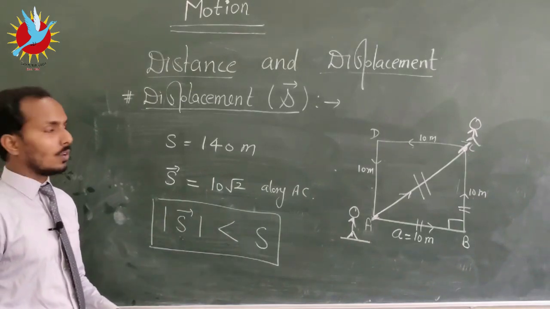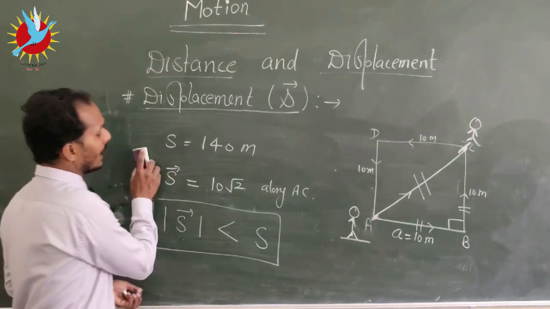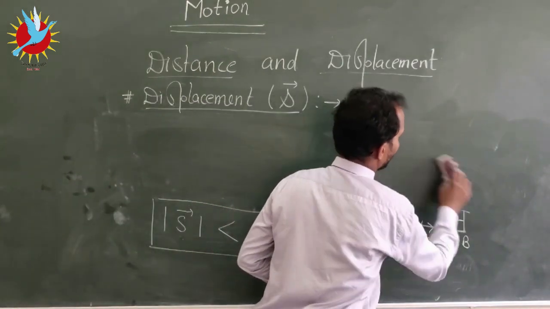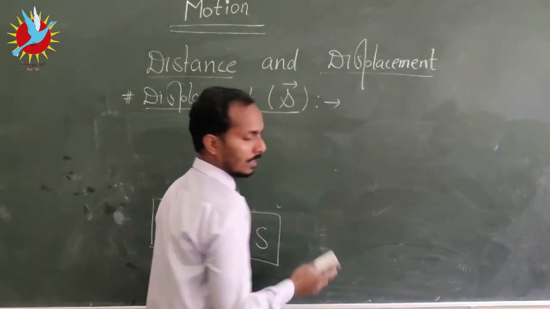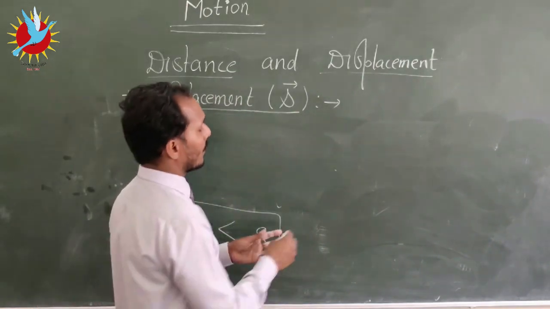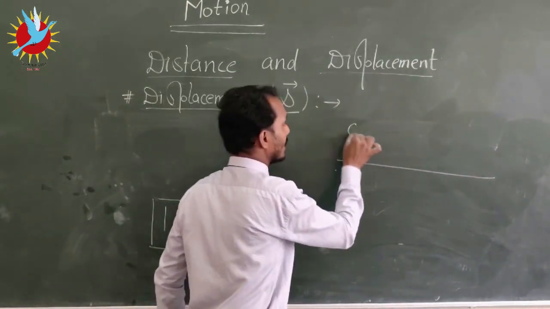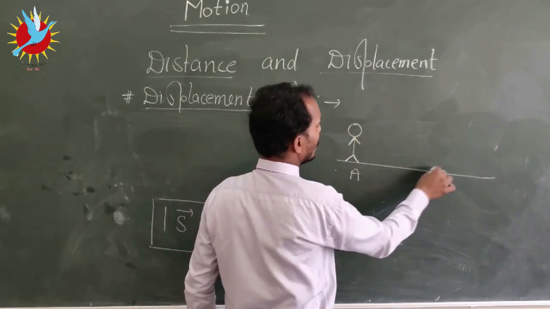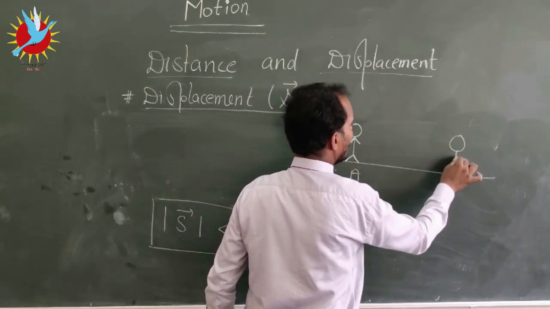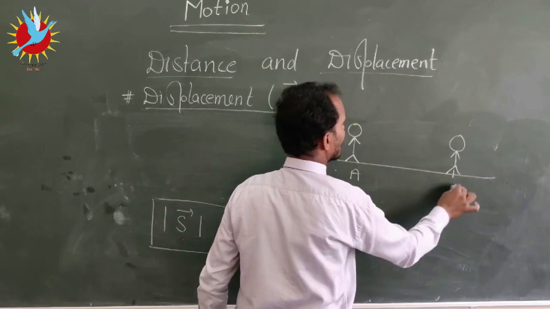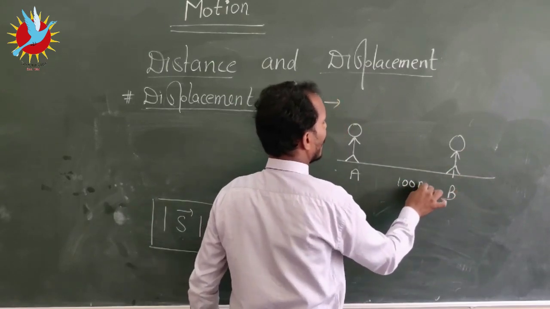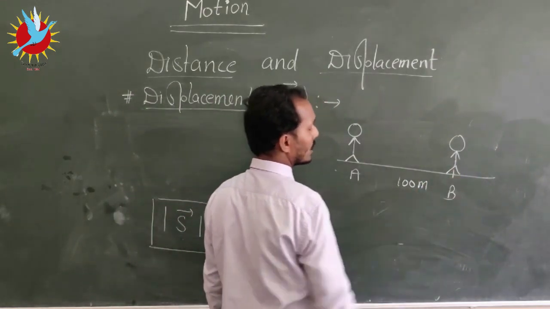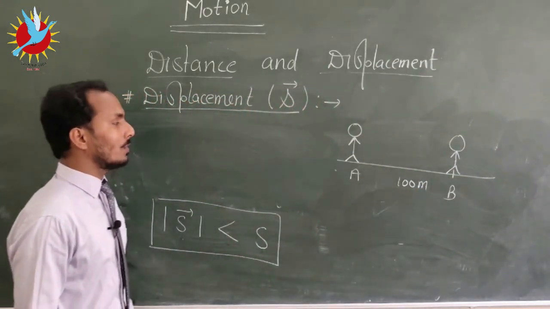Now take another example. Suppose a person covers a distance of 100 meters from A to B along a straight road. Then what is the value of distance?